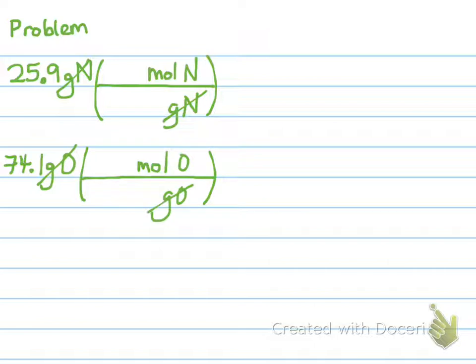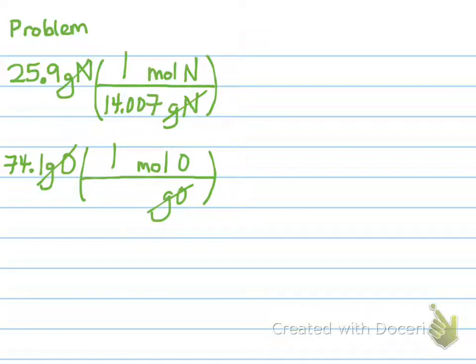The easy numbers for these are moles, right, because that's 1. Our gram number comes from our periodic table. We want to make sure we use at least 3 significant figures. So for nitrogen, I'm going to use 14.007.